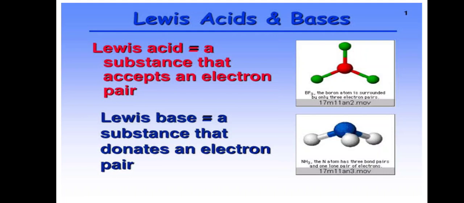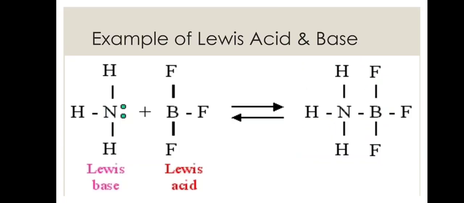And what is a Lewis base? A substance that donates an electron pair, meaning that gives the electron pair, is a base. So it means a Lewis base must have a pair of electrons and a Lewis acid must be able to accept that pair of electrons. Let's see an example of it.